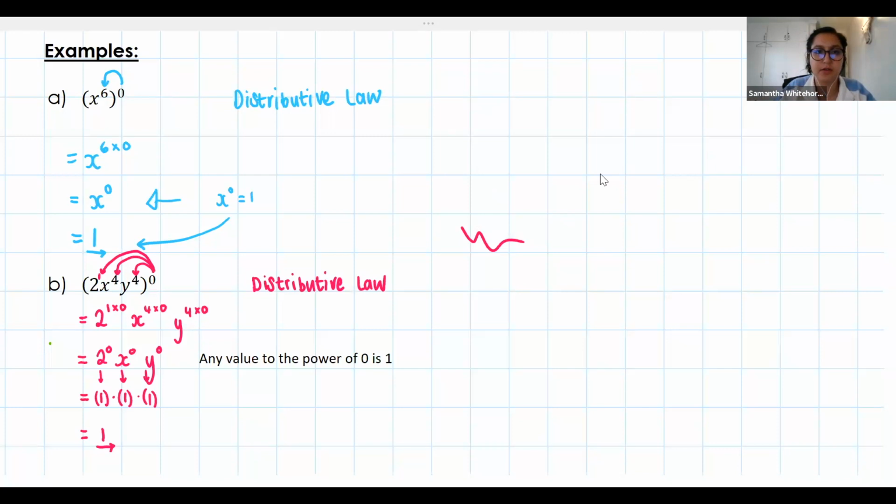Student: If the value, ma'am, it's over 0, let's say it's 1, so then does the number go up or does it also stay 1?